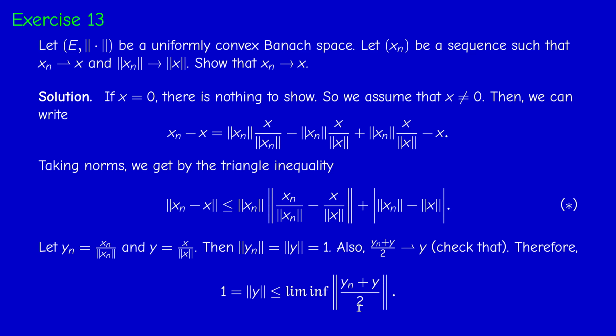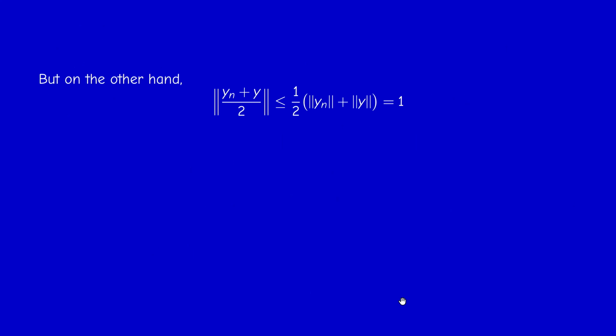Actually, it will converge, but we don't know that yet. So we took the lim inf. Okay, so 1 is less or equal than the lim inf of the norm of yn plus y over 2, and on the other hand, the norm of this middle point by the triangle inequality is less than 1/2 times the norm of yn plus the norm of y, which is 1, so it's less or equal than 1.